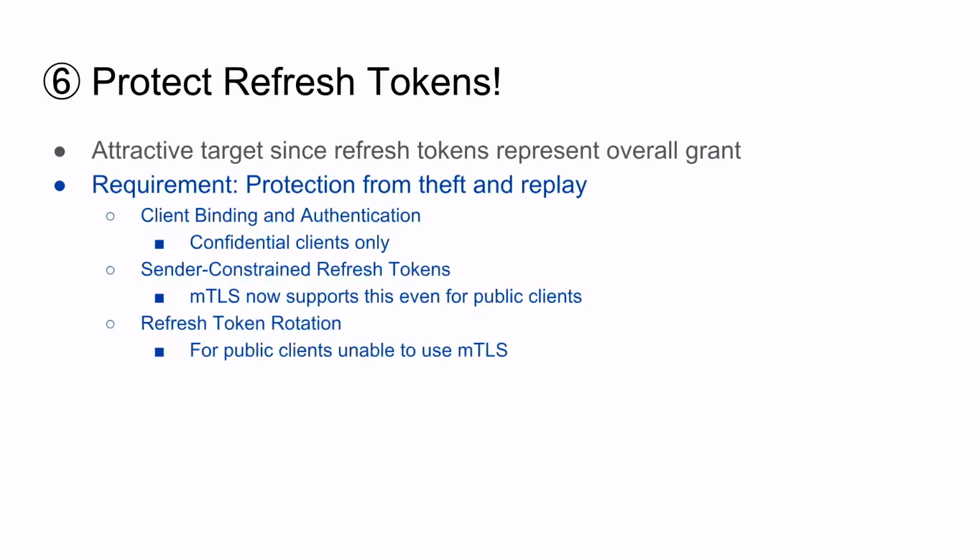So, as we've seen before, you get a new refresh token each time you use a refresh token. But if anybody is using an old refresh token, you immediately invalidate all the refresh tokens and all the access tokens associated with that grant. So if somebody tries to replay a refresh token, everything will be torn down essentially.